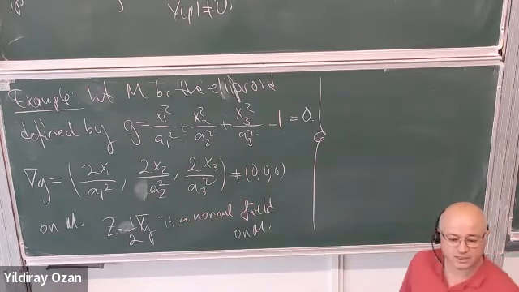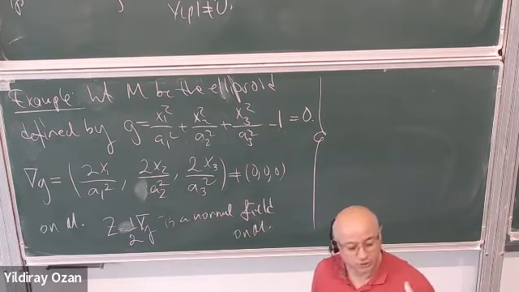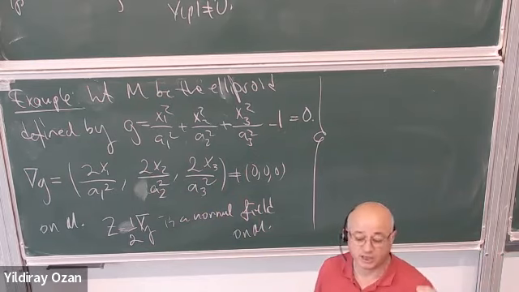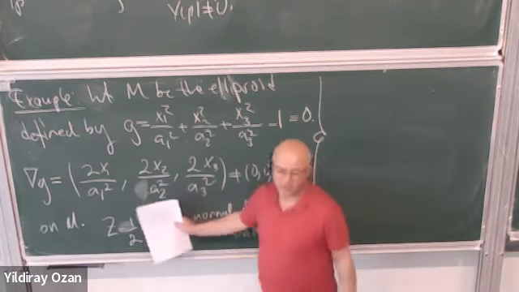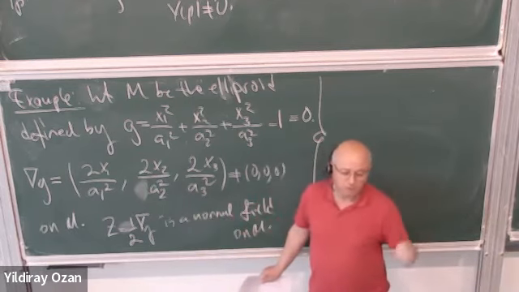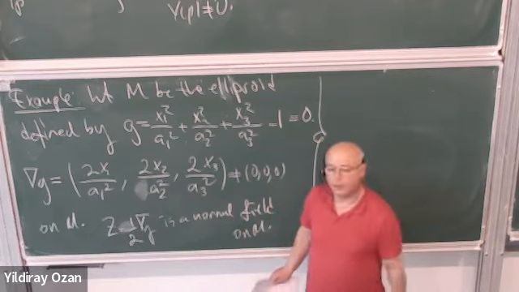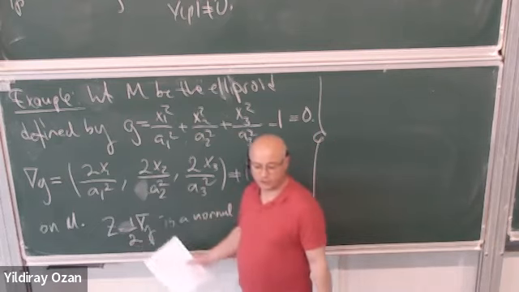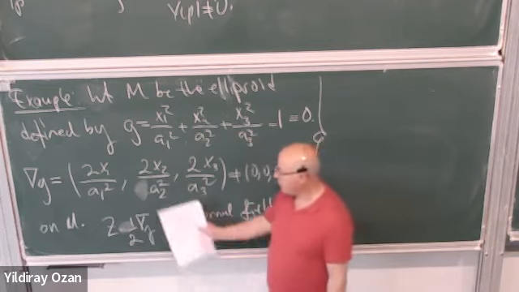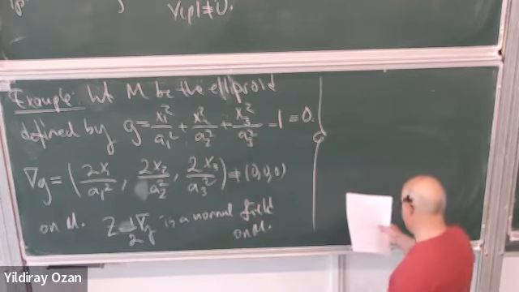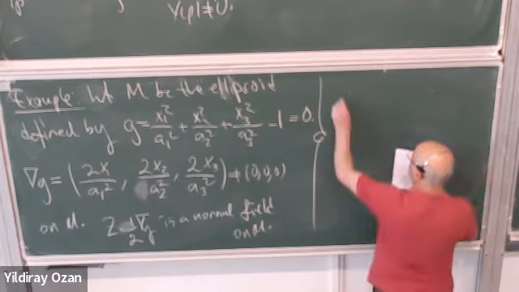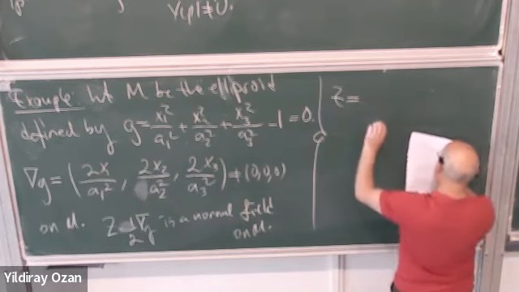Z, remember, doesn't have to be a unit normal vector field. It's just a normal vector field, so any non-zero function multiple of this is good. To make the computation easier, we just divide it by 2 so that we get rid of these extra 2's. Now, Z is then equal to what?